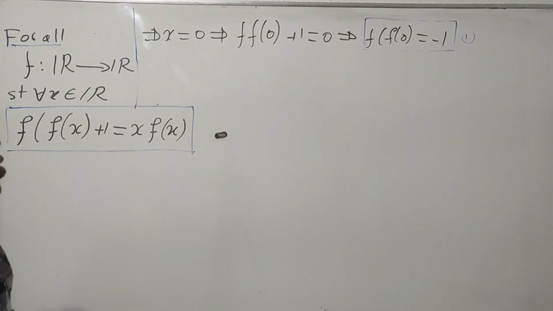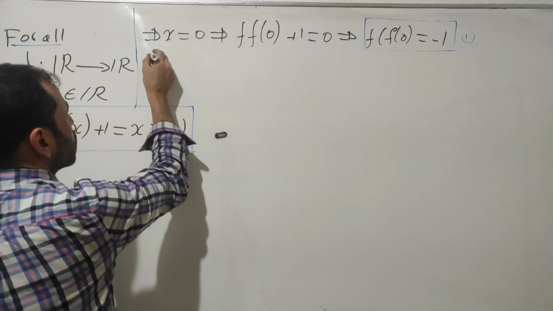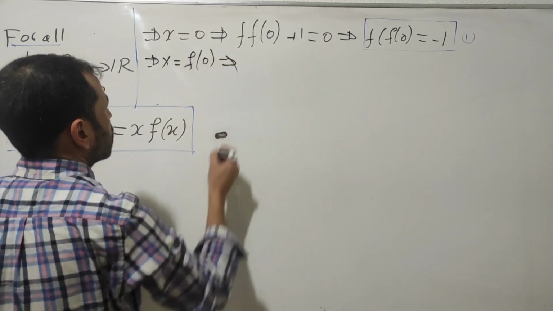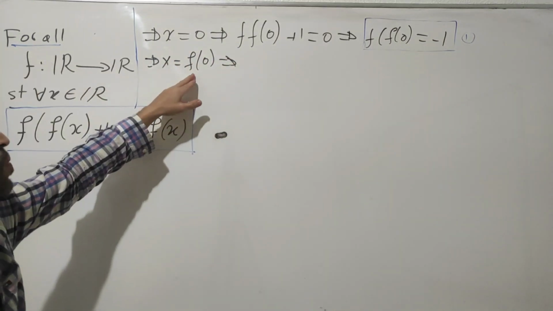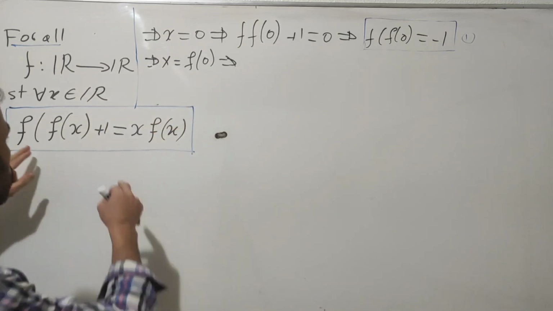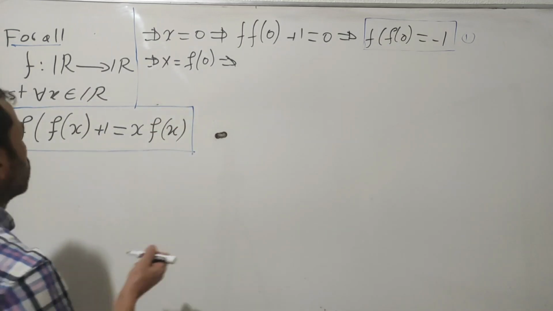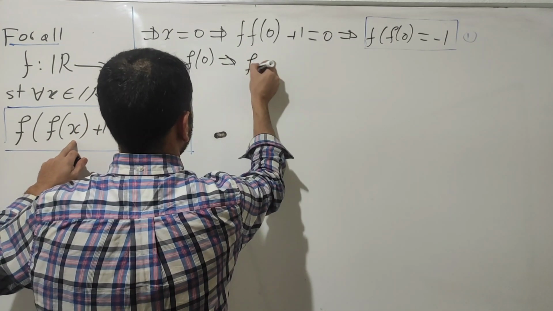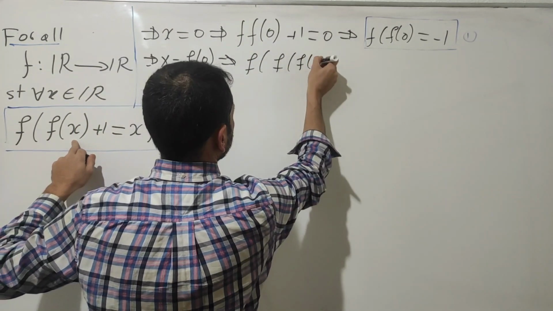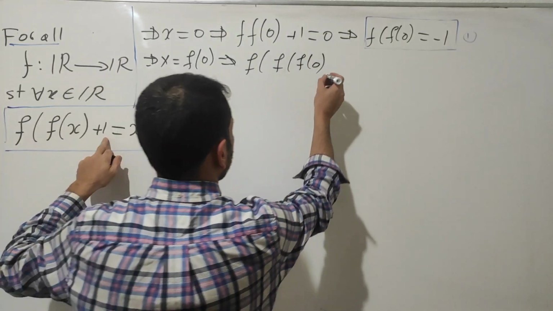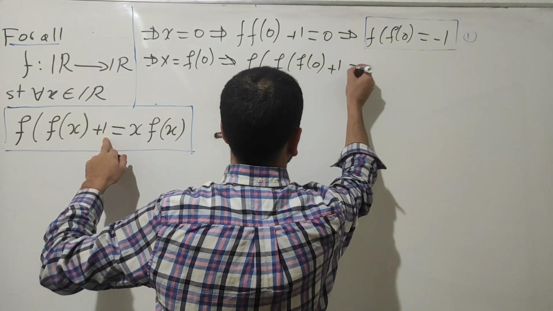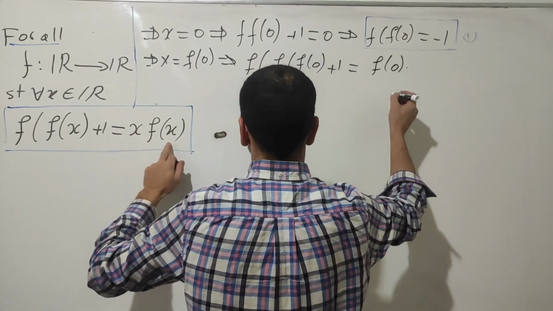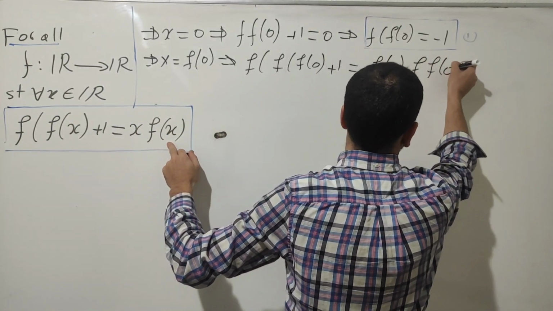The second thing, I'm going to plug in x equals f of 0 into the original setup. So I will have f of (f of 0 plus 1) equals f of 0 multiplied by f of 0.